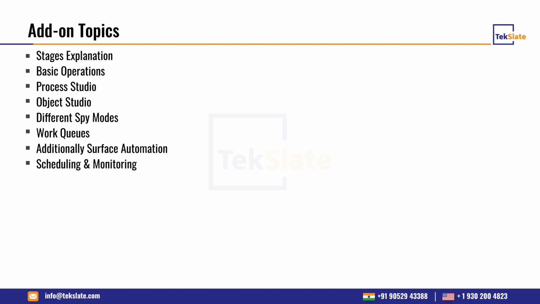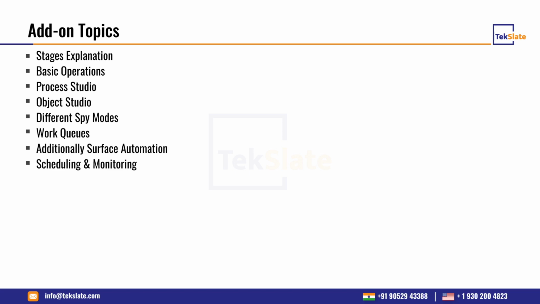Adding to that, here we can talk about what the different spy modes available are, and surface automation, which is one major and different part in Blue Prism. Here in Blue Prism we can automate web-based, Windows-based, and Java-based applications, and lots of automation is available. Likewise, surface automation is one kind of automation which interacts mostly with PDFs and the like.